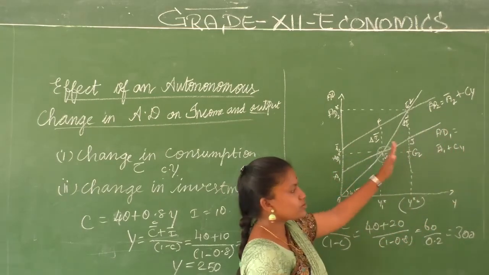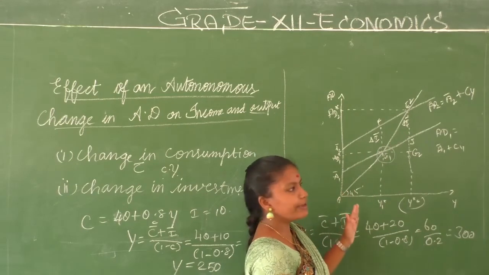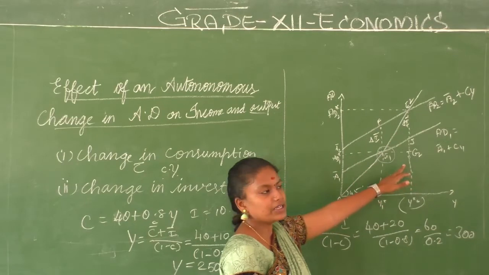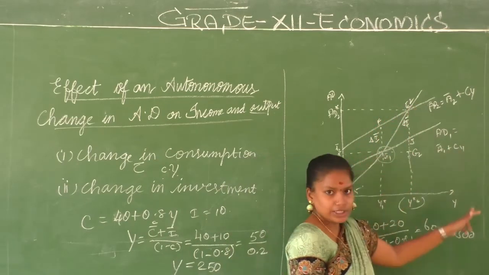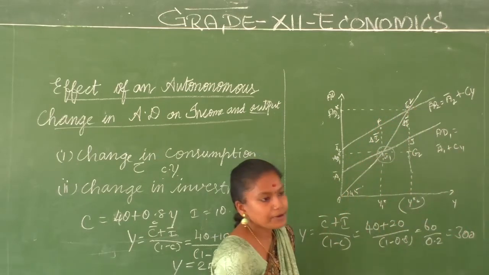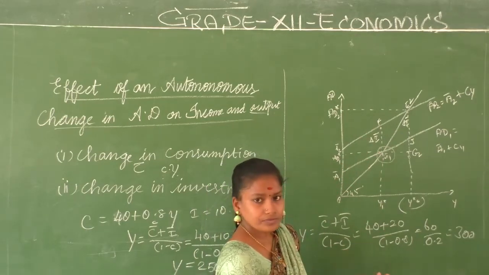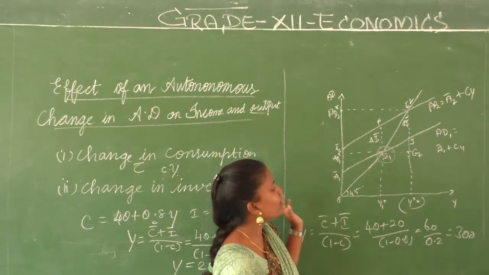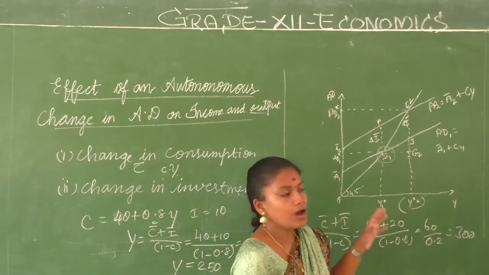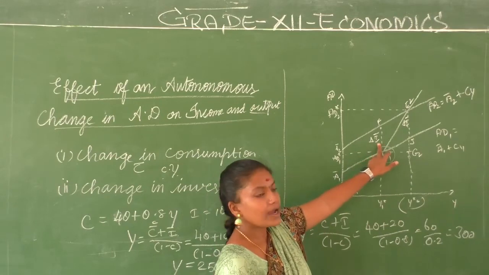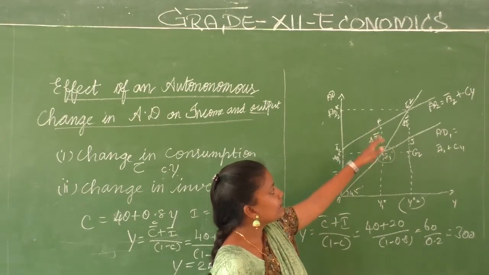Why are we drawing it? To find the new equilibrium. Wherever it meets with the 45-degree slope, that is marked as E2. On the basis of that particular E2, we find AD2 and Y2. Okay, new values of aggregate demand and output are found. What is another thing? What is the delta I dash? This is the investment incurred here.